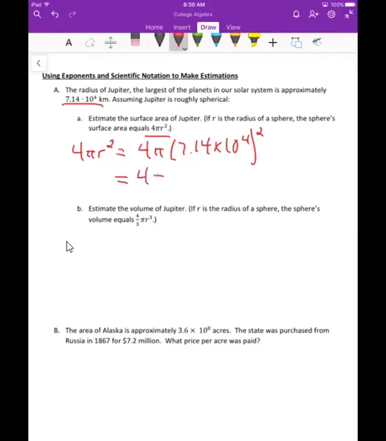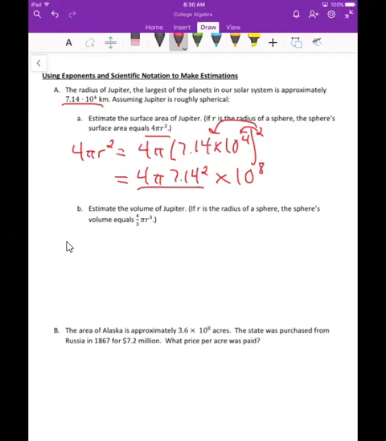We say, oh, that's 4 pi times 7.14 squared. The 7.14 gets squared and the 10 to the 4th gets squared. So essentially, here's all of our smaller numbers, and then when we put all those zeros together at the end, that would be times 10 to the 4th, which gets squared, so 10 to the 8th.